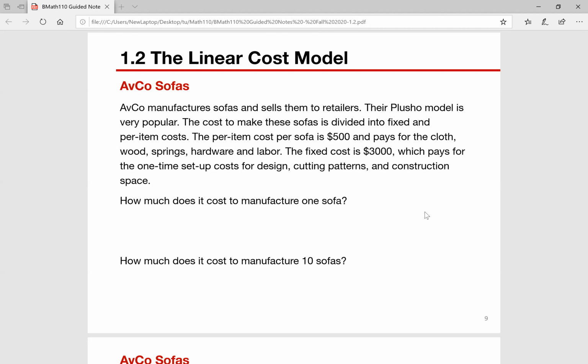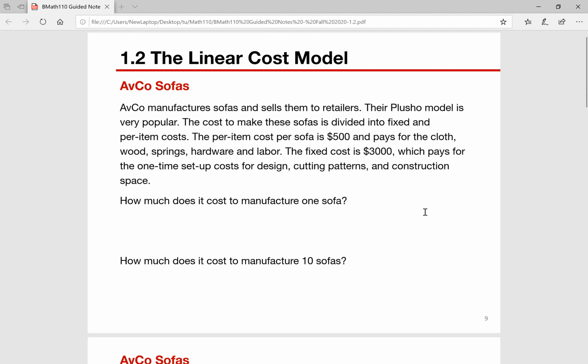AVCO Sofa. They're a manufacturer of sofas, and they sell them to retailers. Their Plush Show model is very popular. The cost to make this sofa is divided into fixed and per item cost.